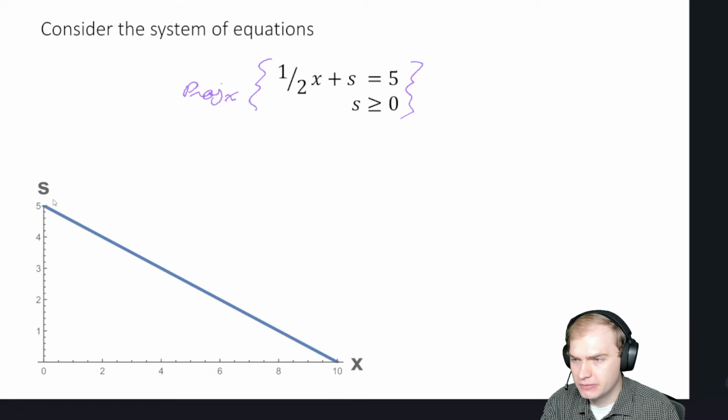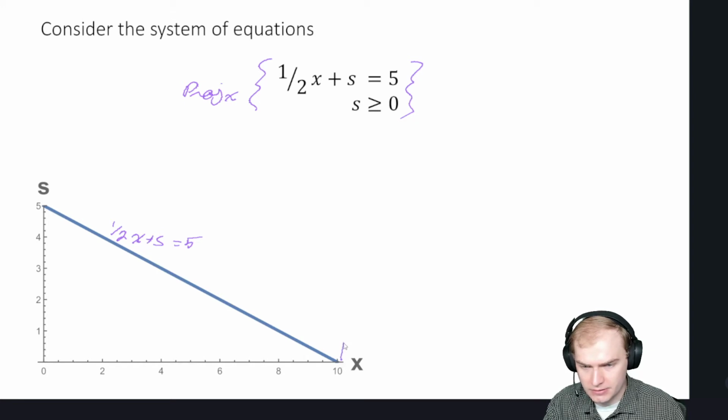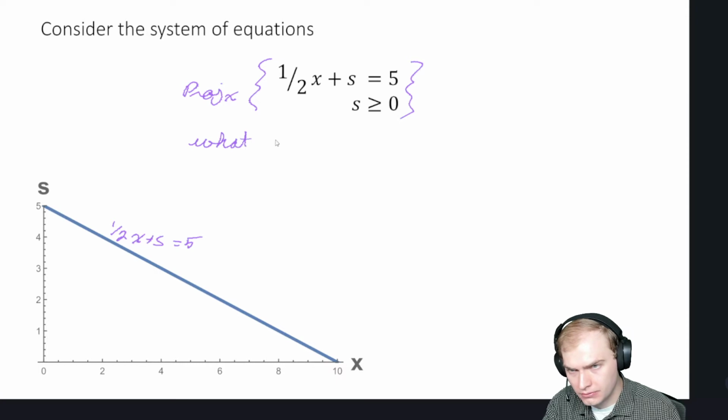Here we have that equation, 1/2 x plus s equals 5. And we've restricted it so that s is non-negative. So the projection basically asks what values can x take?